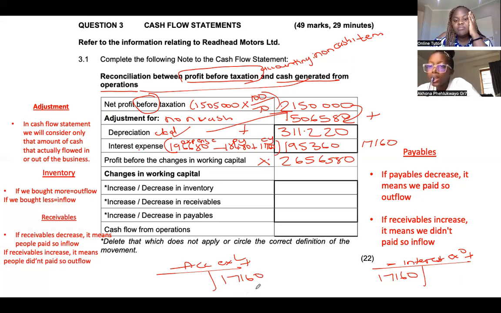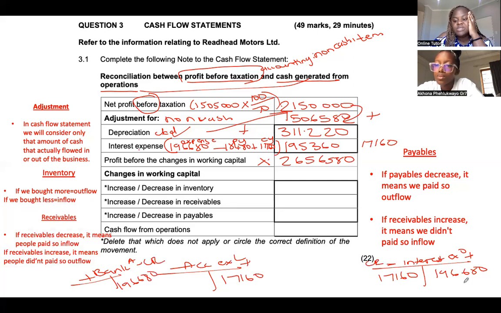Then do you agree with me that the expense would be here? Yes, the current year expense. They said we paid it, right? Interest paid. So our bank would decrease by 196,680. So our bank is credited, so debt is being debited.